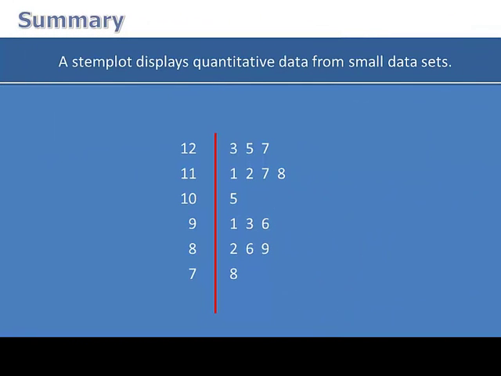Let's review. A stemplot is used to display quantitative data, generally from small data sets, say 50 or fewer observations. In a stemplot, entries to the left of the vertical line are called stems, and entries to the right are called leaves. The value of individual observations is equal to the value of the stem plus the value of the leaf.